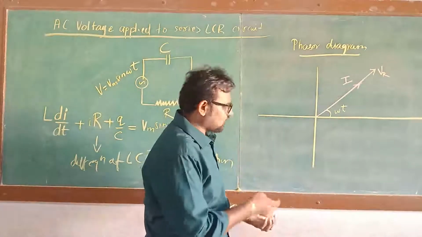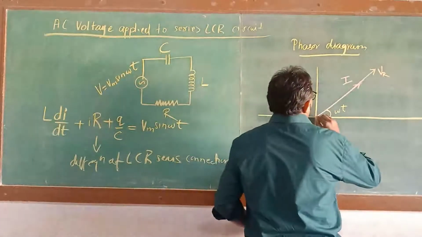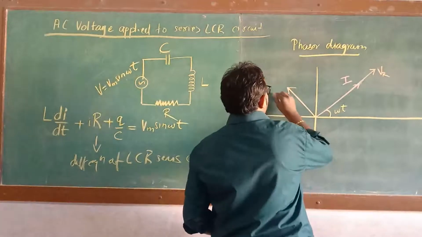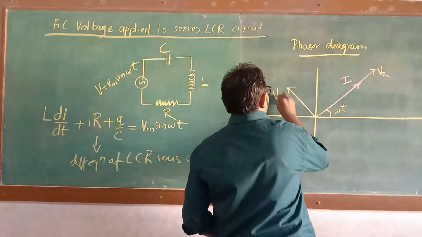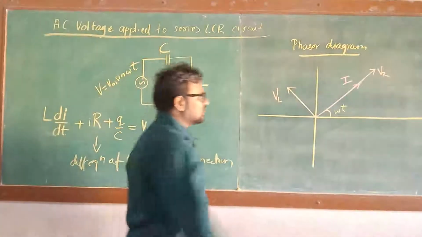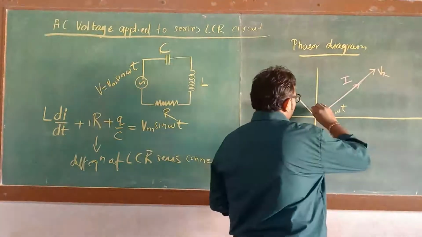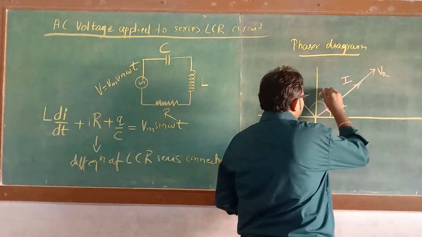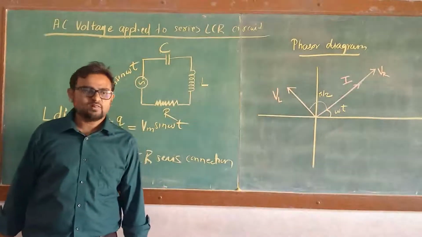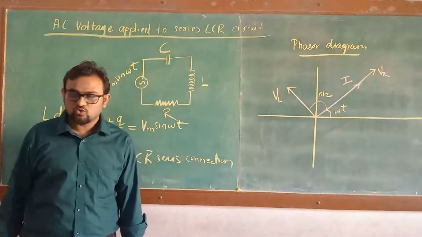So this will be the phasor for voltage across the inductor. This angle will be equal to pi by 2.